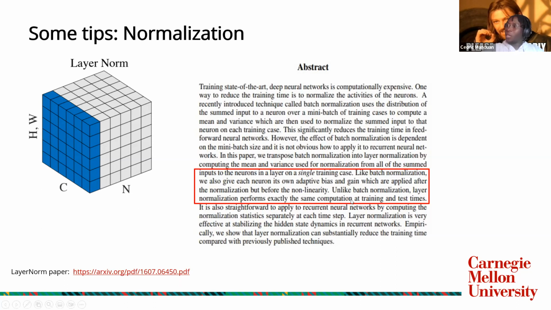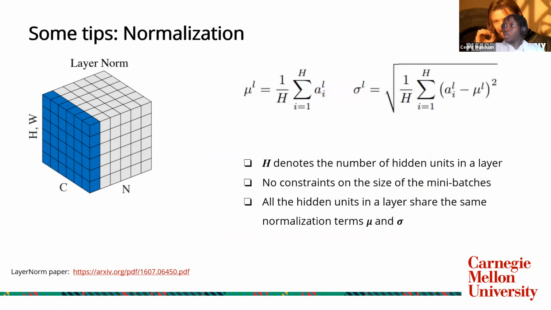The second thing is you have a way of sharing these terms across your hidden units. It's still the same formulation, but here you're applying the normalization across your hidden units, which gives you quite stable training as compared to batch norm.